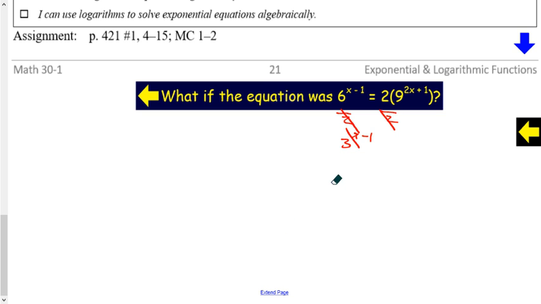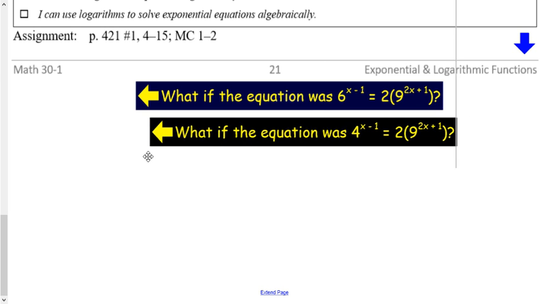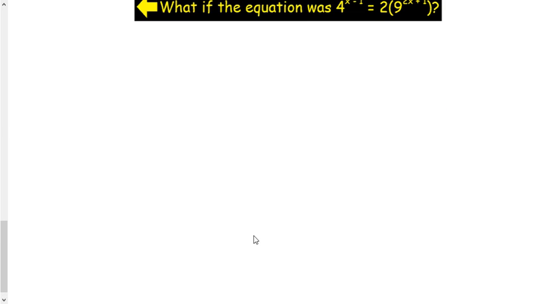What if instead our equation looked like this? Well, what we did in question number 11 is always legal, so we could solve it that way. But we do have another option in this case where we have the 4 as the base on the left-hand side. So let me just show you what we could do in this situation.